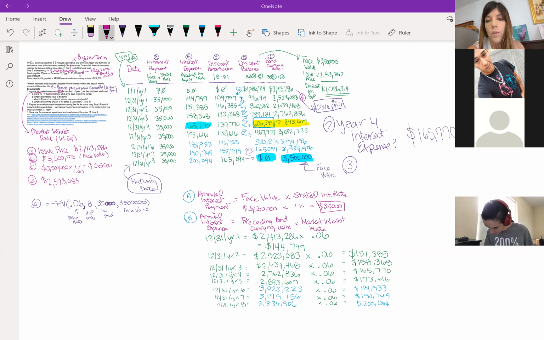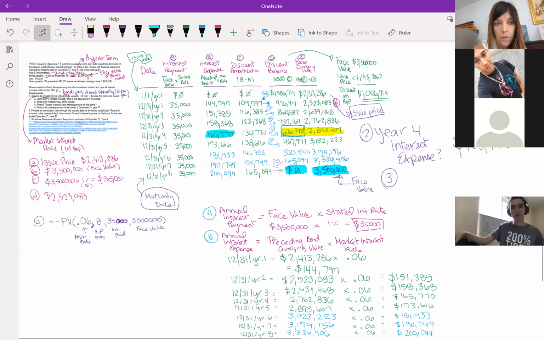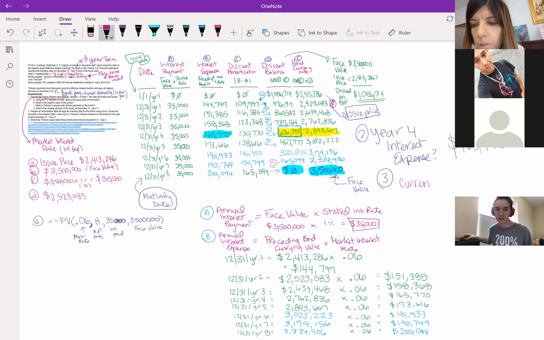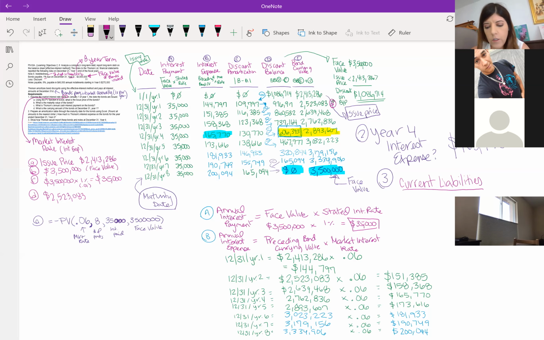For this portion, it's asking you in the footnotes what you're going to have. And this is where that note comes into play. So you're looking at the current liabilities section first, and the current liabilities is going to be the current portion or current installment of notes payable.